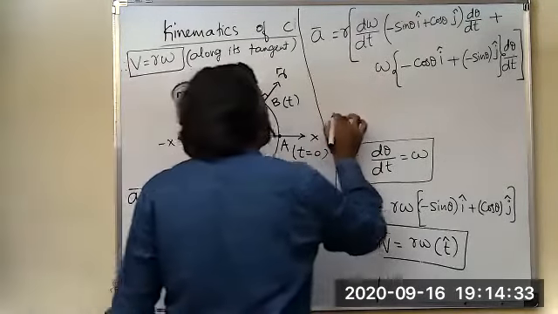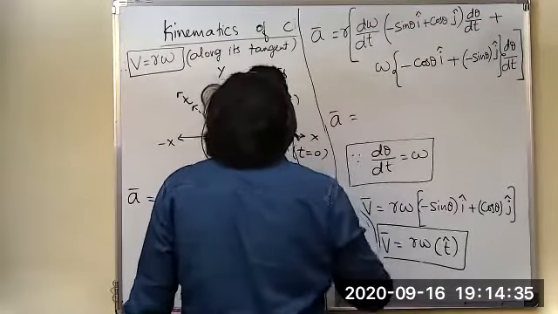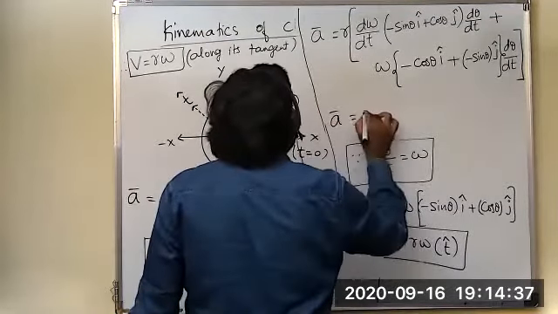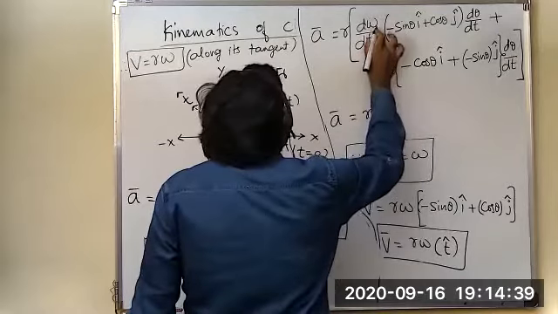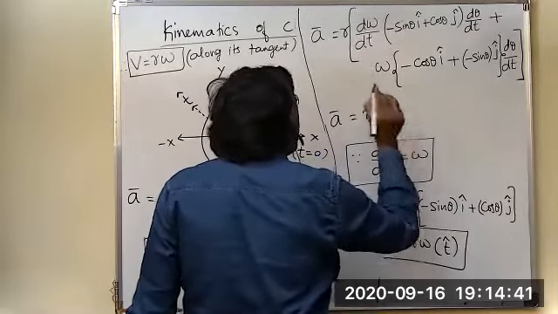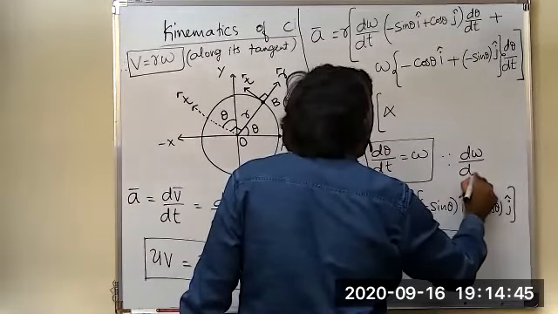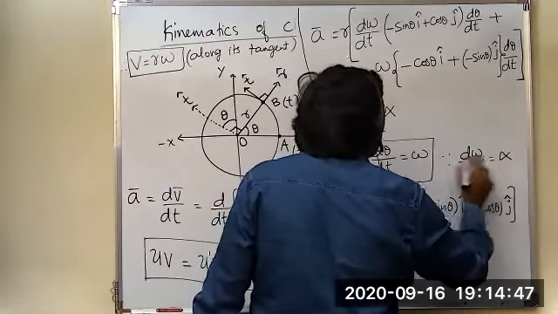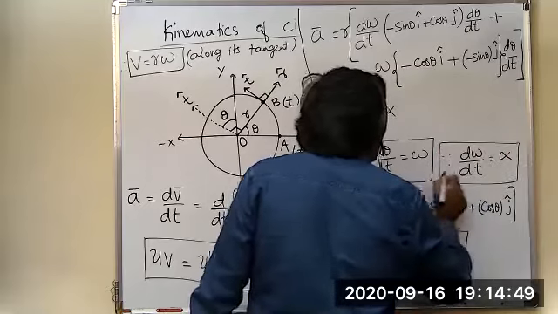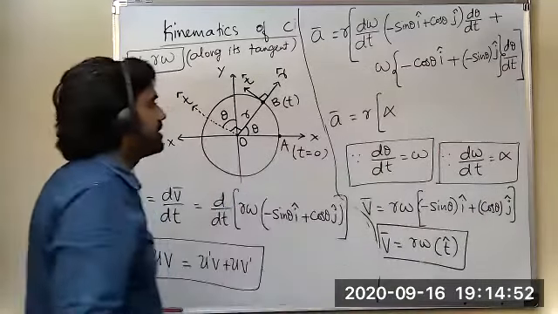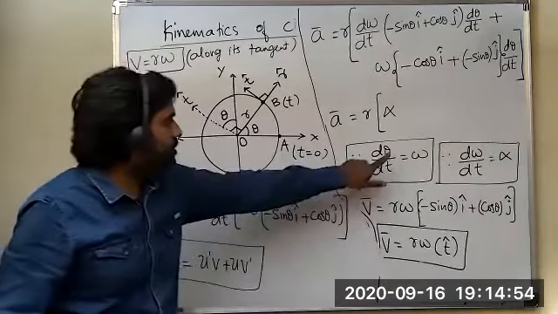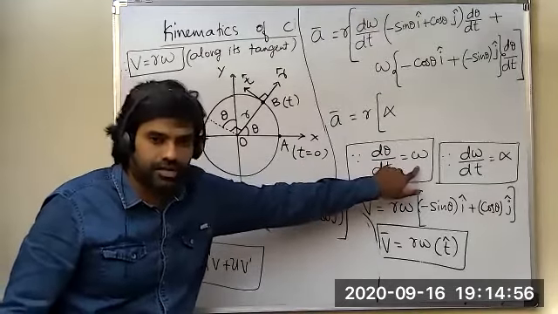Now I am writing its simplified form. Now a is equal to r common. Now d omega by dt is equal to alpha, because the rate of change of angular velocity is always taken as angular acceleration. About this I will tell you after completing this. Here the rate of change of angular displacement is going to be angular velocity.